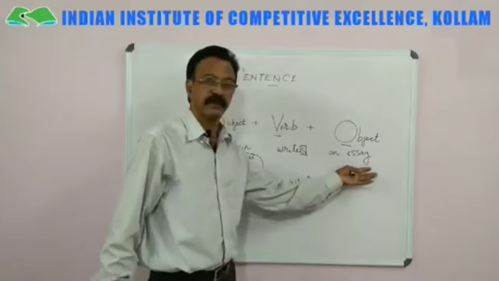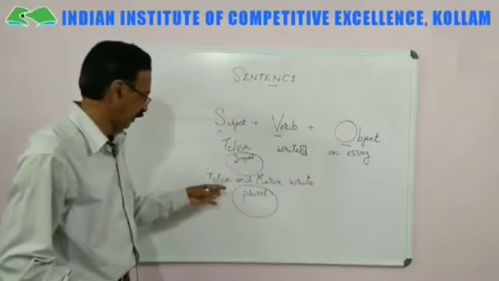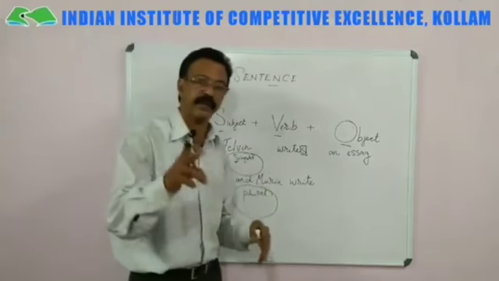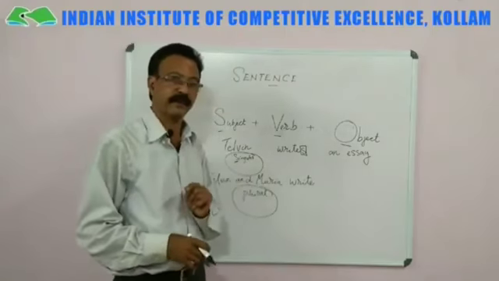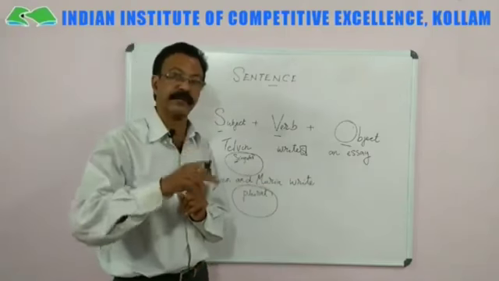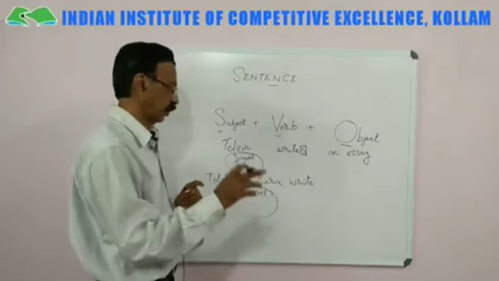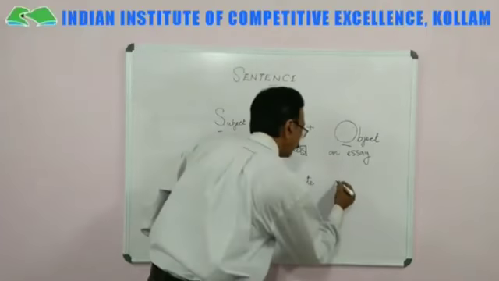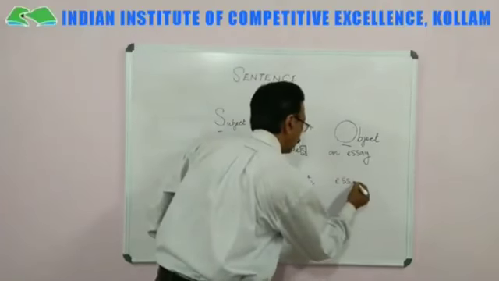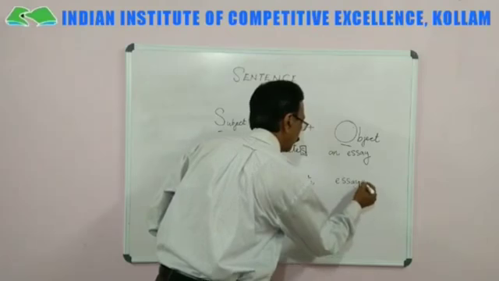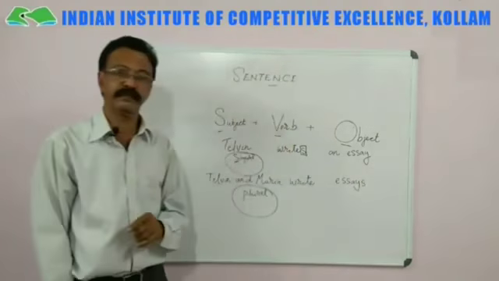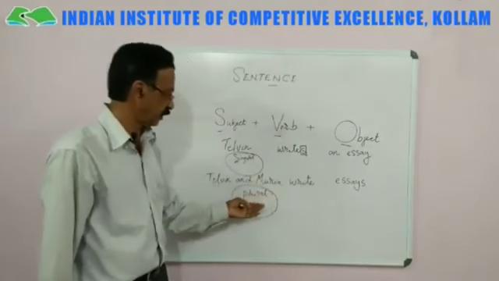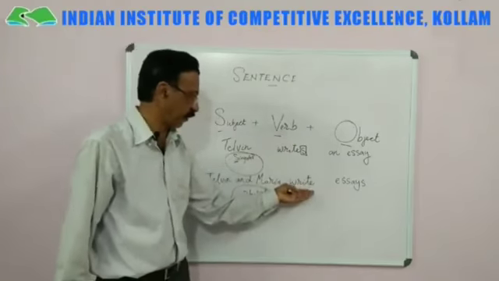Object: two persons, two people here, Telvin and Maria. They cannot write an essay. They can write only essays. So Telvin and Maria write essays. Okay, so the subject agrees with the verb.